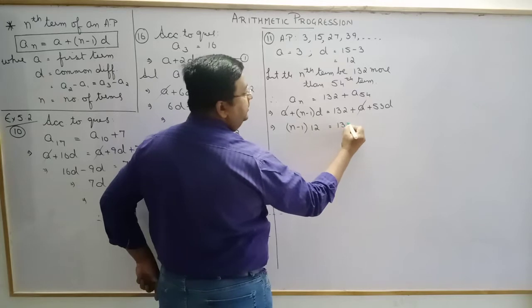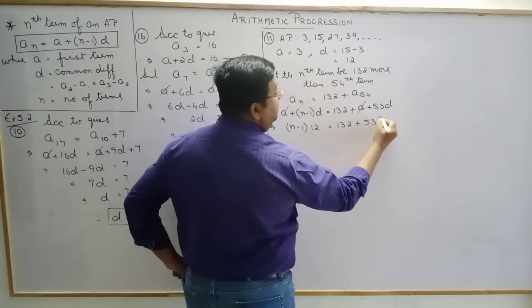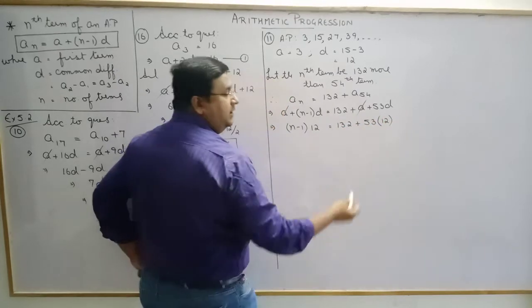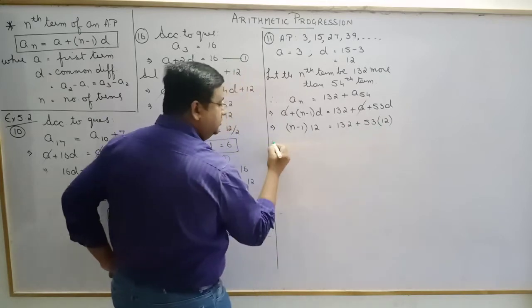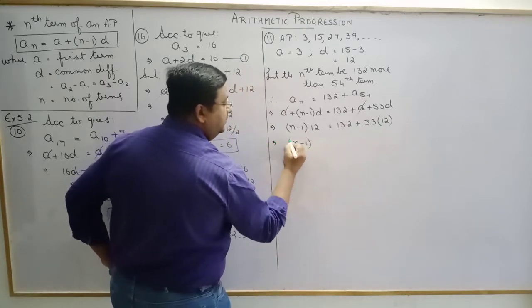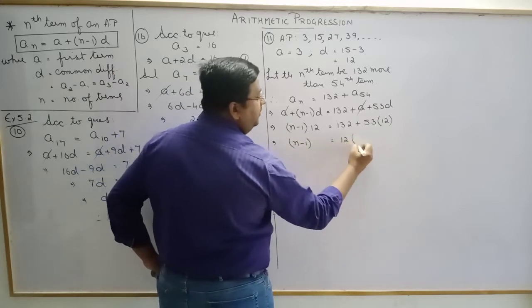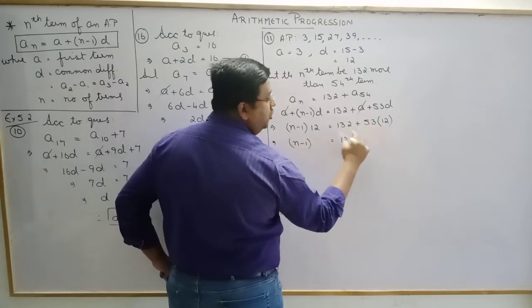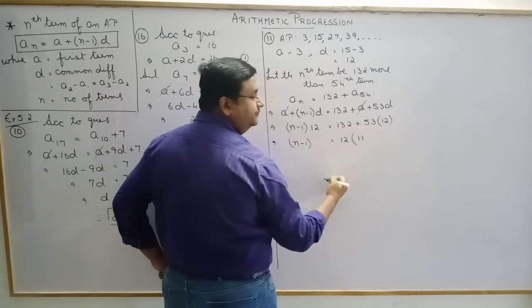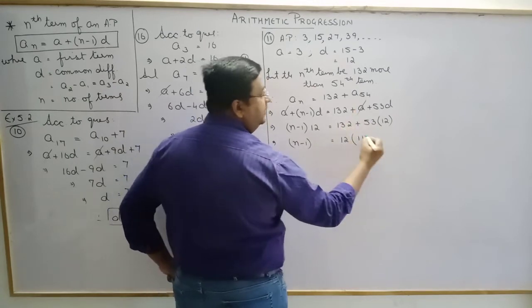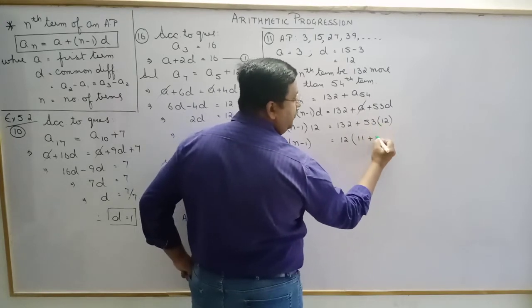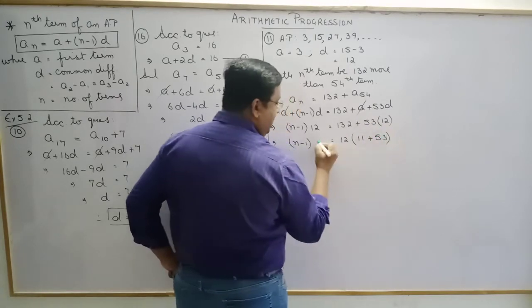So 12 into n minus 1 is equal to 132 plus 53 multiplied by 12. We can do the calculation, or I can see 12 is common in both the terms. 132 and 12, 12 is common. 12 elevens are 132. Plus 53 times 12.